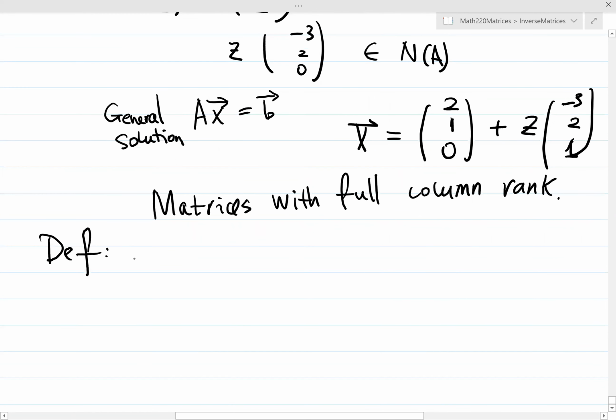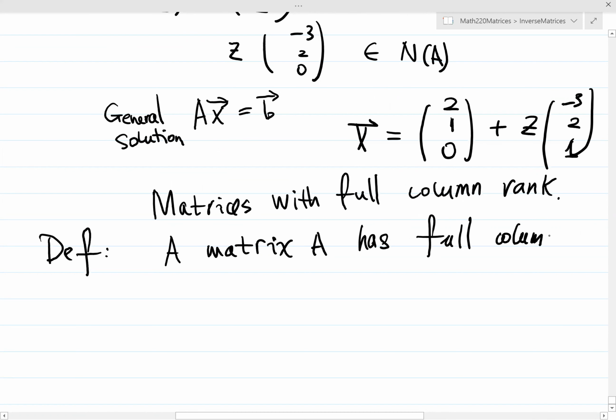A matrix A has full column rank if A has n columns and all its column vectors are linearly independent, i.e., the space spanned by the column vectors is as large as possible, an n-dimensional space.